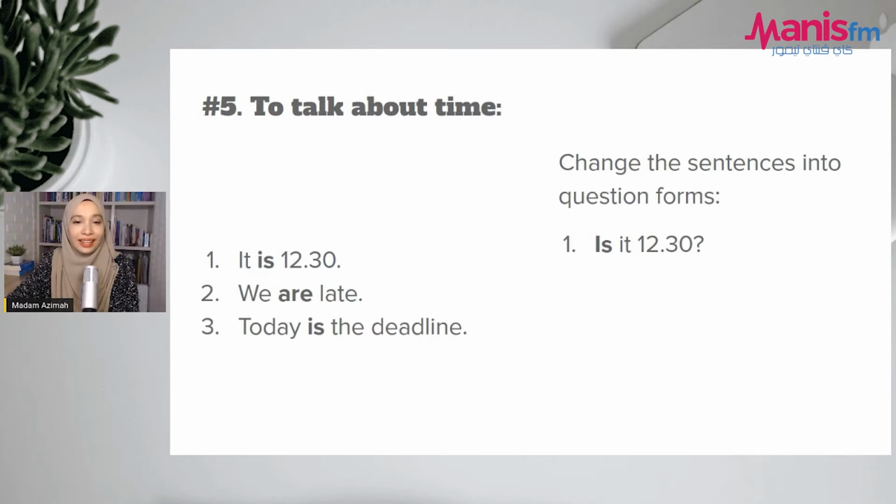What about we are late? Put the are at the front: are we late? Number 3, today is the deadline would be, is today the deadline? Or, is the deadline today?